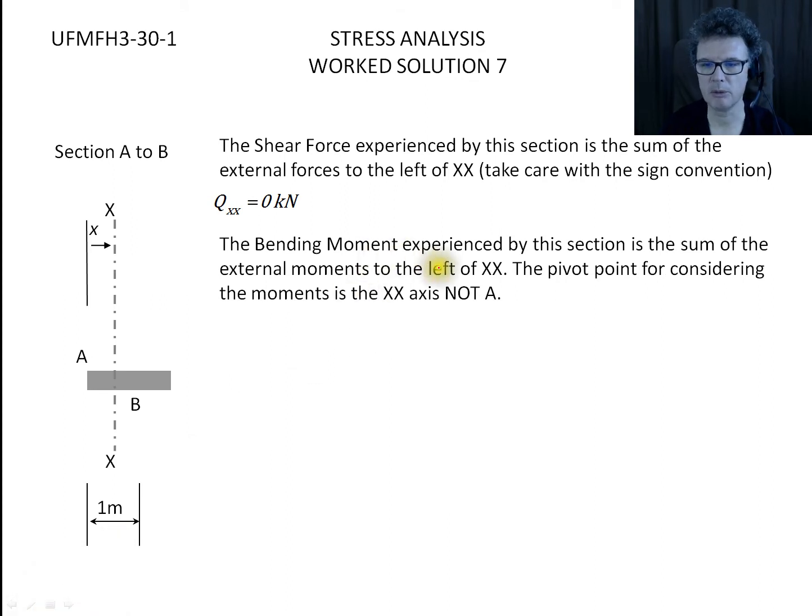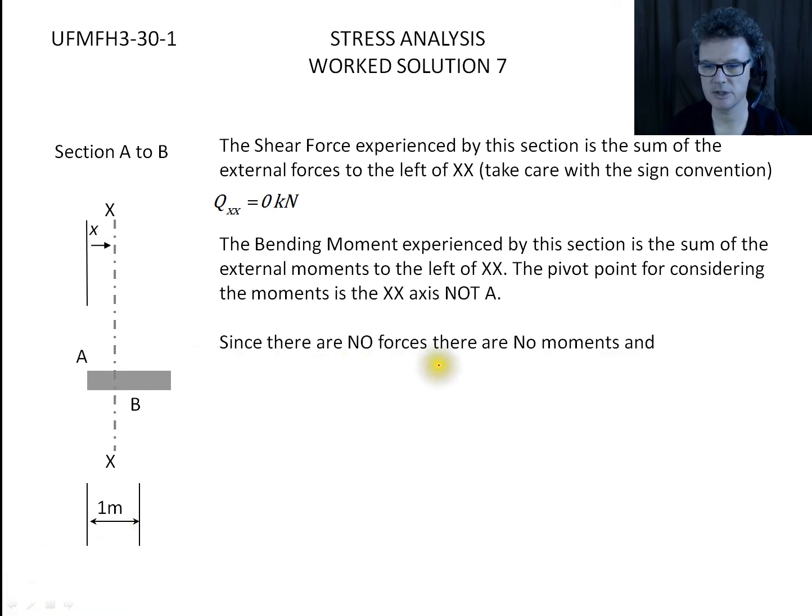What about the bending moment? The bending moment experienced by this section is the sum of all external moments to the left of XX. So I'm imagining we've got a pivot here, and we're looking for any moments left of me. Can I see any forces left of me that might cause a turning? The pivot point for consideration is the XX, not at A. So it's at this point here that we're looking for moments.